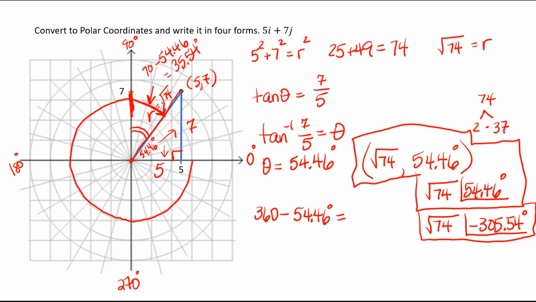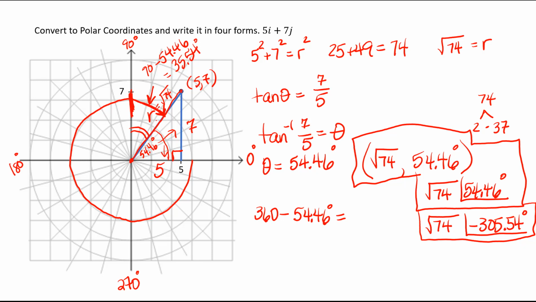Now, if you had that angle to help you, you could add it to 270 and you would get 305.54, which is what we got. But that's not the angle we originally found. We found the angle that's inside the triangle, which is 54.46. So if you're trying to add 54.46 to 270, that won't take you to where we want to go.